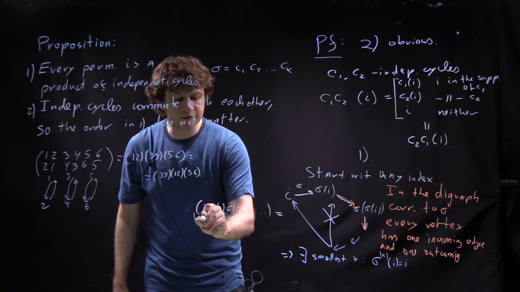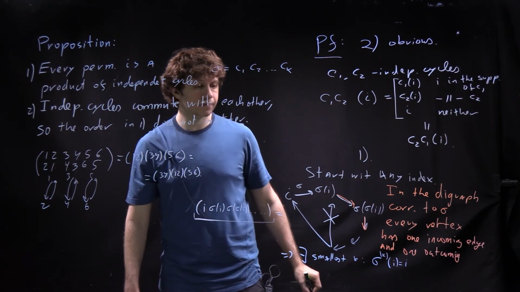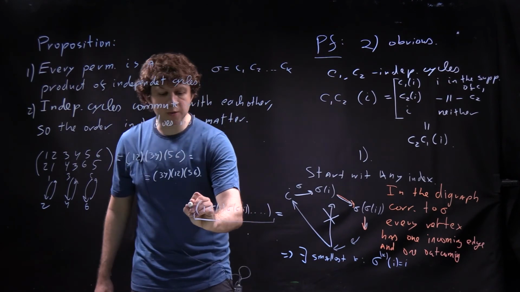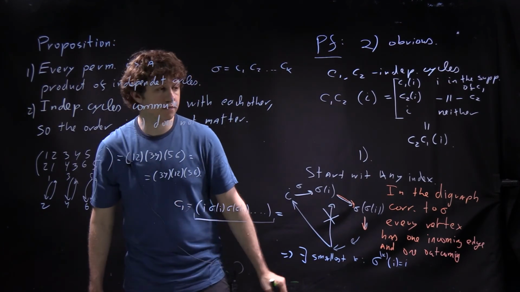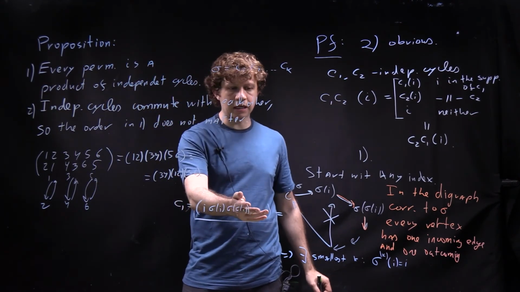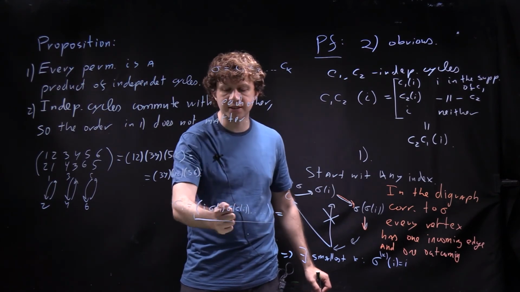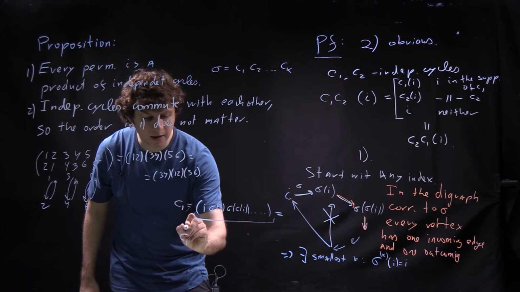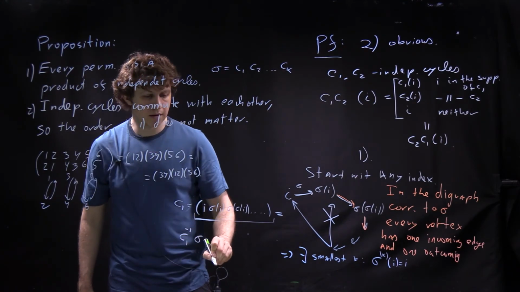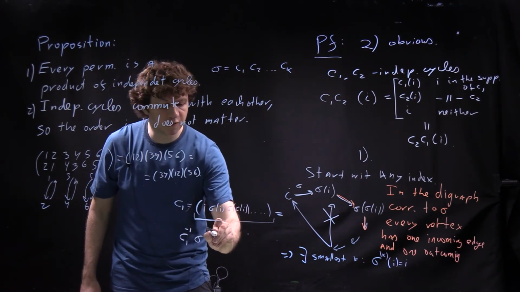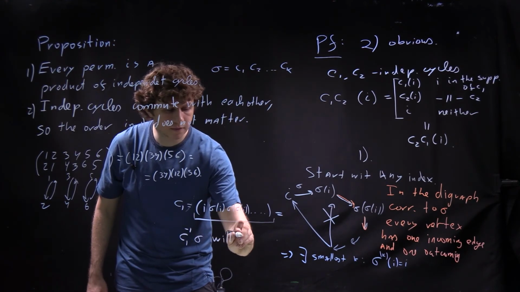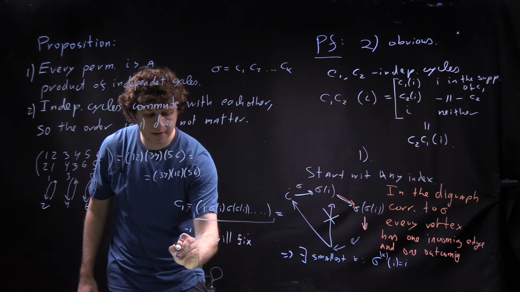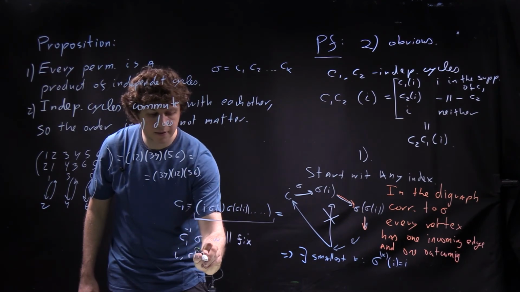That's one of the cycles. If I call it C1, then I can compose my permutation with C1 backwards. So I can say that C1 inverse sigma will fix all these elements, i, sigma of i, etc.